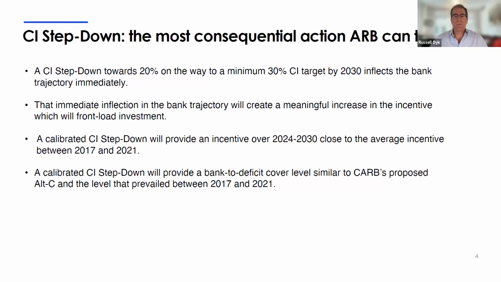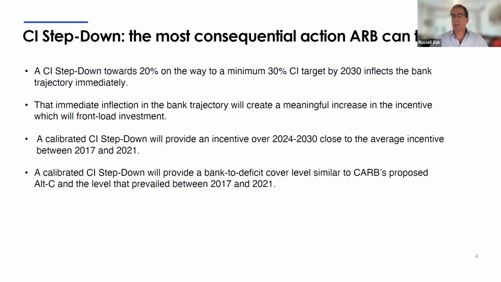That will immediately lead to a robust increase in the incentive value of the program. That in turn will front load investment, and all those things together will help the program achieve decarbonization at a faster pace and a greater amount by the end of this decade. And just two final points that I want to make here.